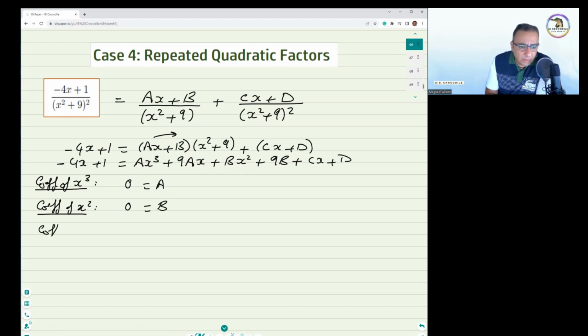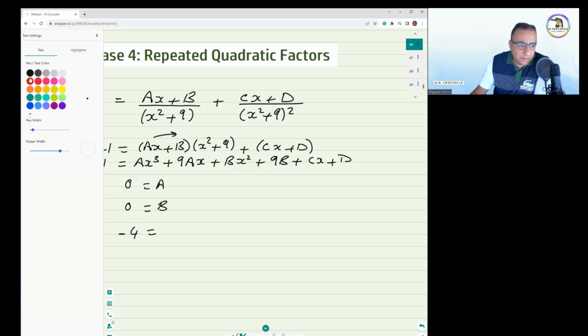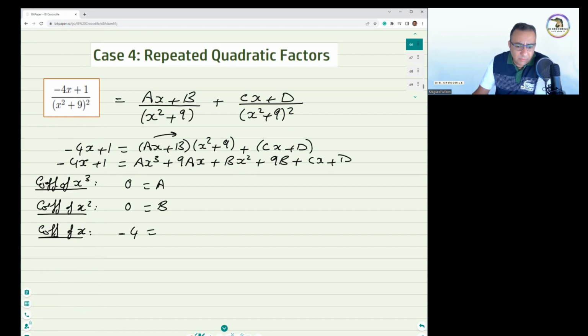Okay, now let's examine the coefficient of x. It's negative 4x on the left-hand side, so negative 4. And then if you look at the right-hand side, let us look at the terms with x.